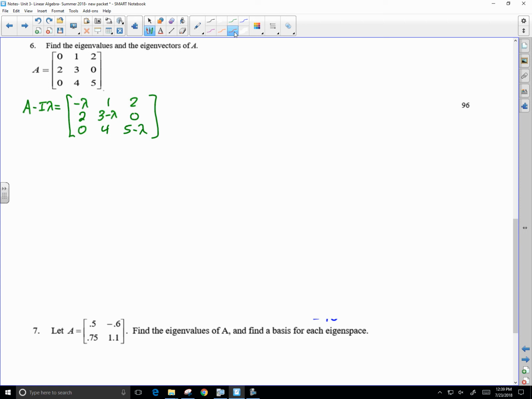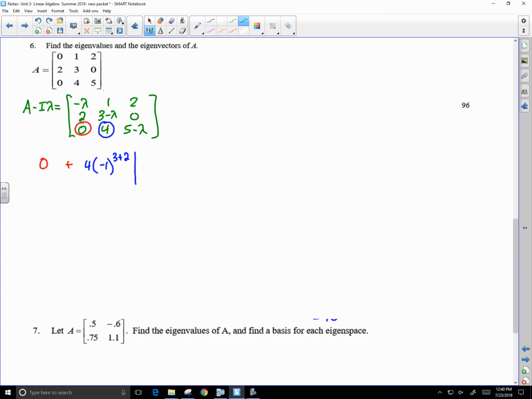Let's see. Either the second or the third row, I think, are going to be okay. So 0 times whatever, irrelevant, plus 4 times negative 1, it's row 3, column 2.